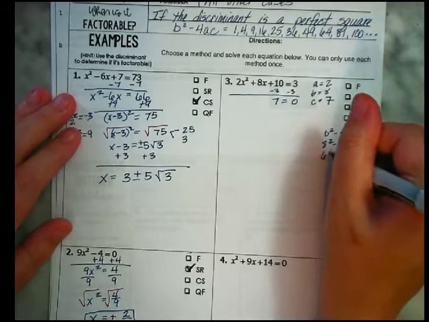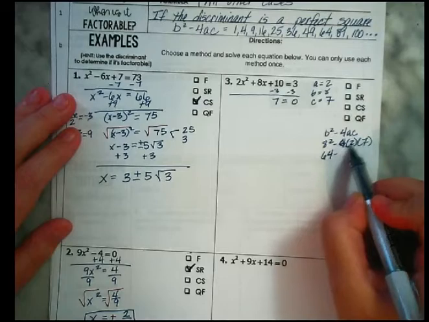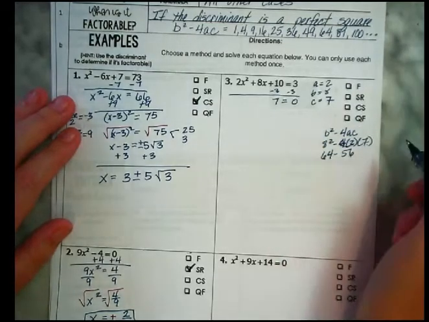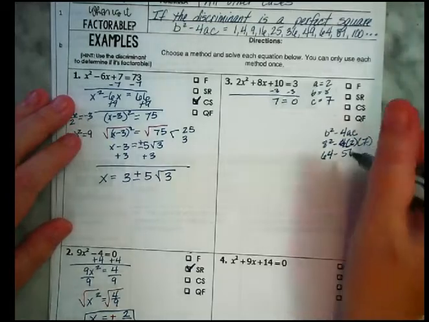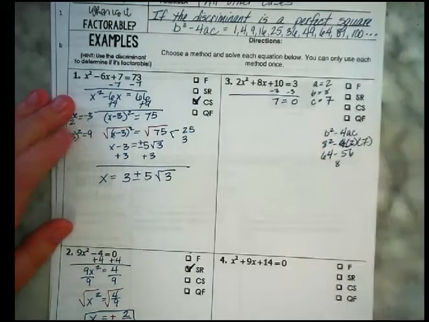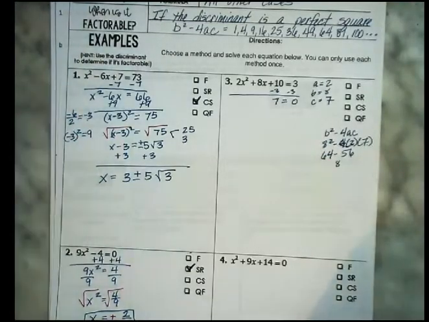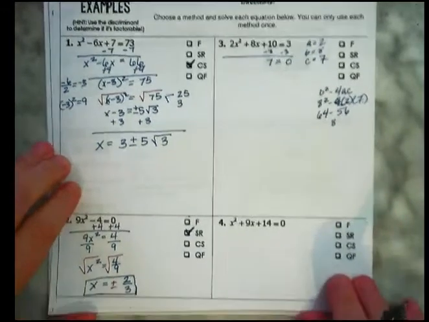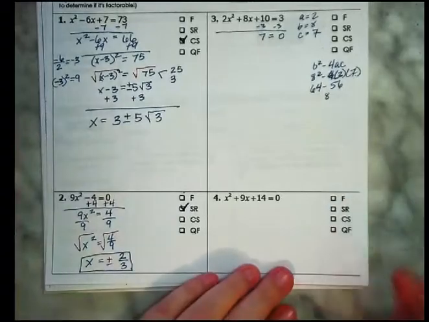It's going to be 64 minus 4 times 2 is 8 times 7 is 56. 64 minus 56 is 8. Okay, so that is not a perfect square. Let's do that with this down here.